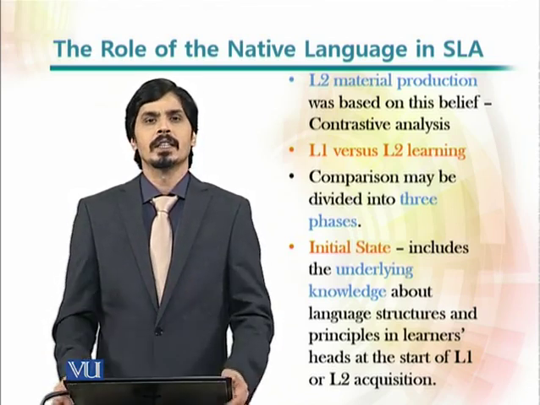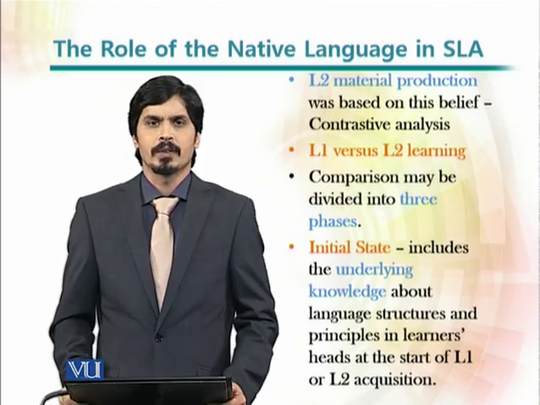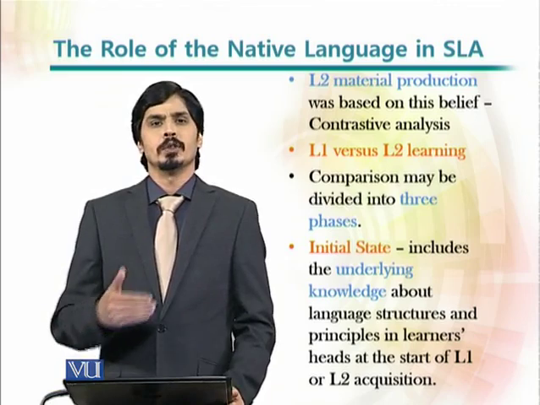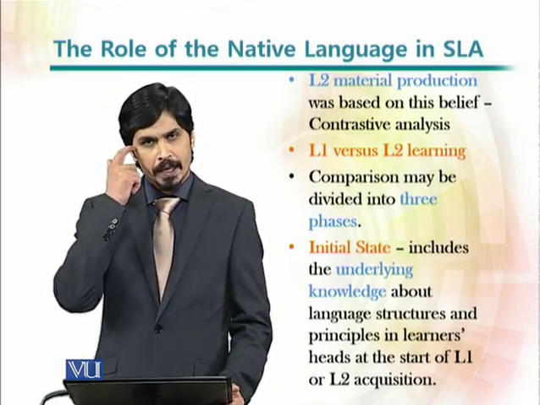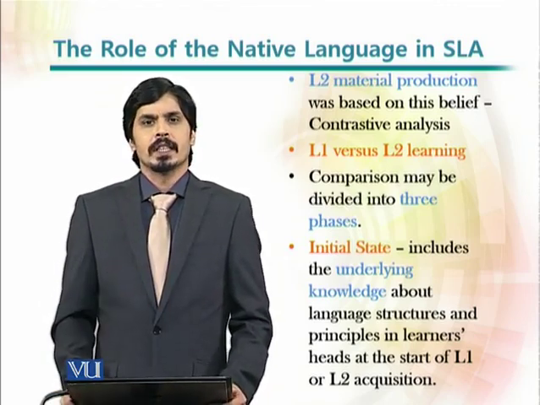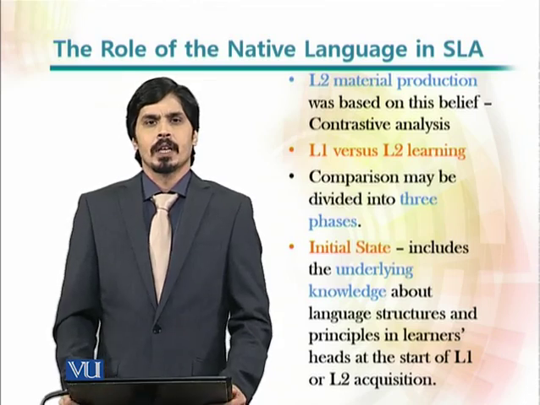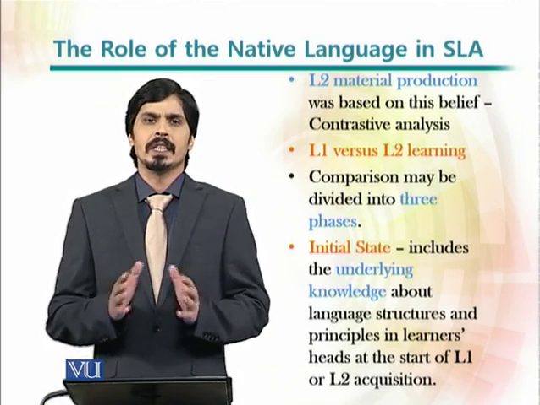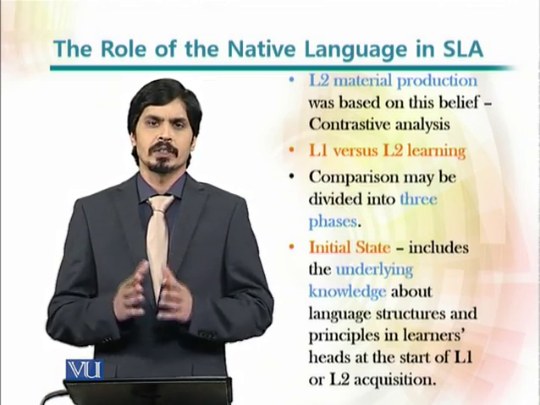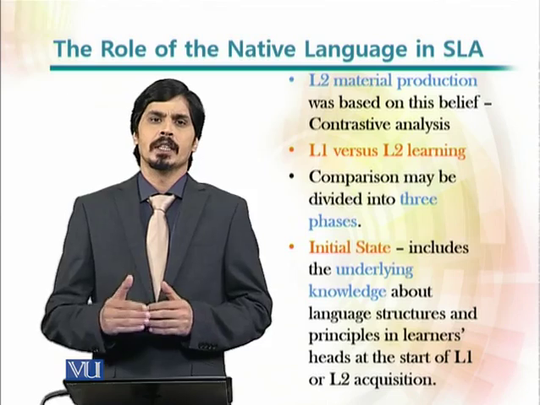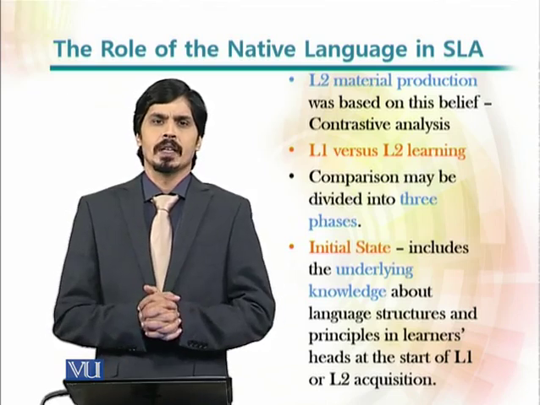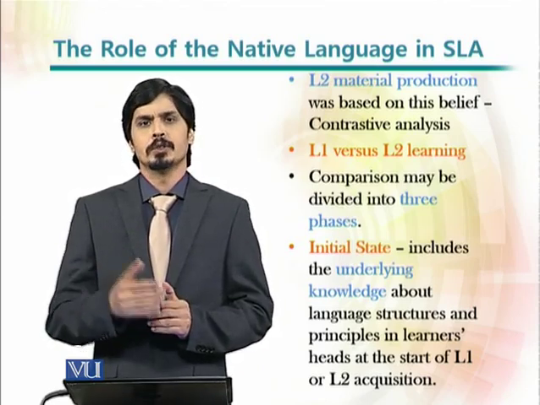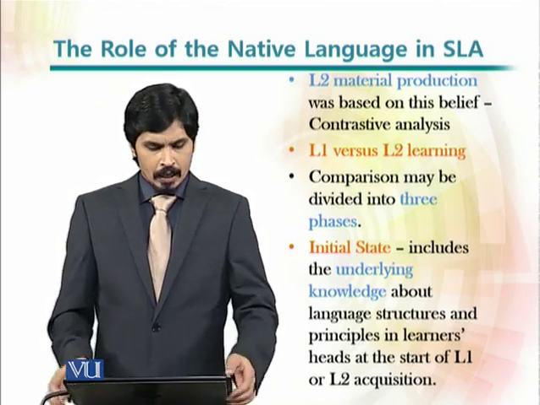Let's have a look at some of the comparisons of first and second language. This comparison could be divided into three stages of learning. The first one is the initial state. The initial state in first language acquisition is heavily an innate ability. This is what is generally believed, that people are born with some natural ability to learn a language, and that is usually their first language.